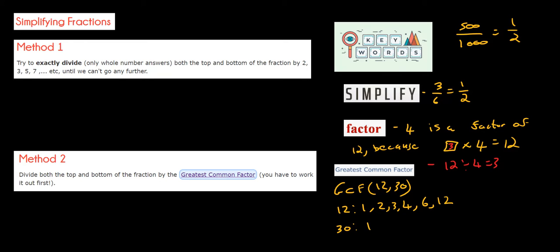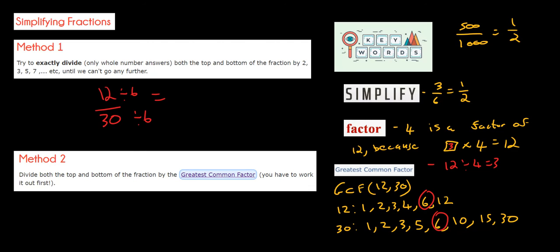For 30, we have 1, 2, 3, 5, 6, 10, 15, and 30. The largest common one is 6. And that helps us in simplifying this because we just divide by the greatest common factor, which gives 2 over 5.